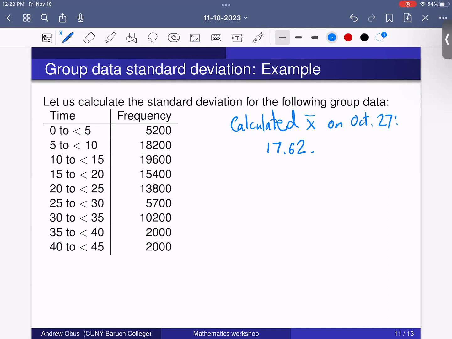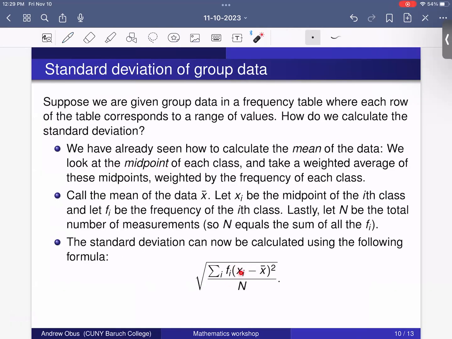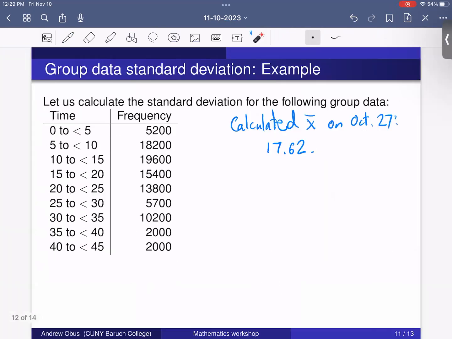Okay. So now we're going to write down everything that we need in order to get the information. For each class, we need its midpoint, which is the xi, and we need its frequency. And then we need to multiply them all together. So let me write down a table. It's going to have a few columns.